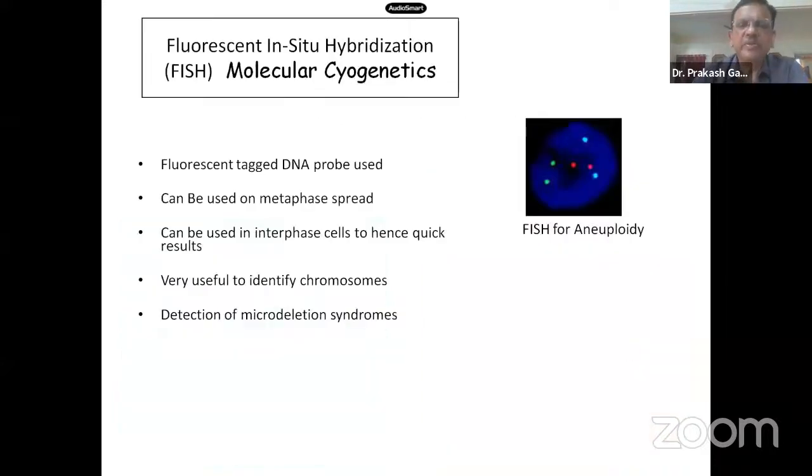So for rapid diagnosis, the technique that came into being after karyotyping was, as I said, fluorescent in situ hybridization. Now, in all the genetic techniques, what is made use of is a property of DNA known as hybridization. Our nuclear DNA is double-stranded, and the complementary DNA is there on the other strand.